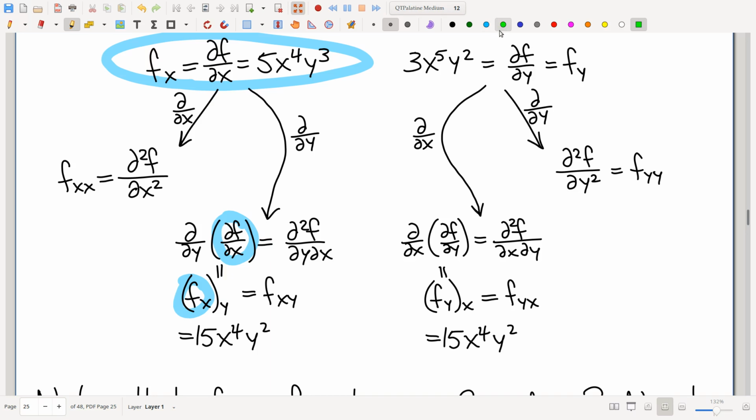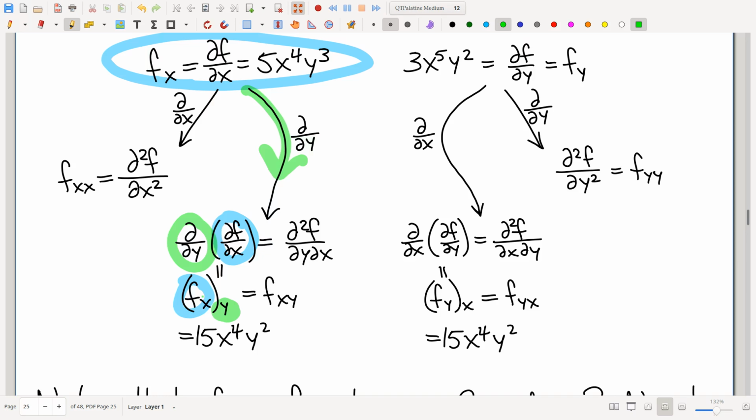Let's look at how I would represent taking the Y partial of that X partial. Here's how I would do it in the Leibniz notation. Partial with respect to Y has to be written on the left. That's the standard. And here's how I would do it in the Newton-like notation. It's a subscript, which is on the right. Again, it's a standard, but it's sort of the opposite side.